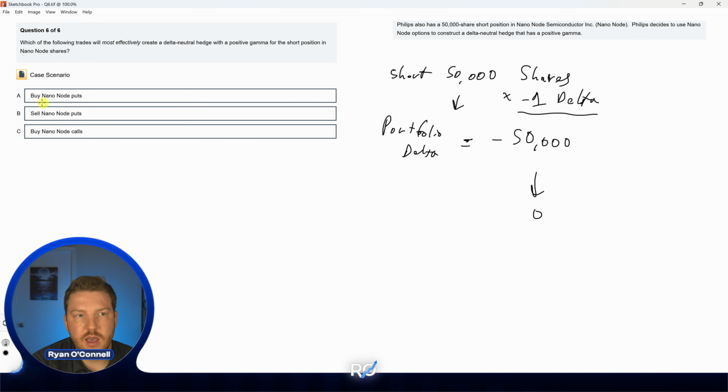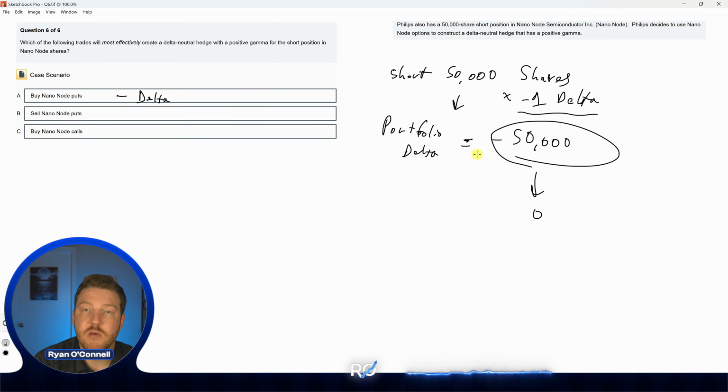So we basically have 3 separate options to choose from. One of them is buying the Nano Node puts. Now, if we buy puts, is that positive or negative delta? Well, puts have negative delta. So if we're long puts, that's going to give us negative delta, which would actually make our portfolio delta even more negative.